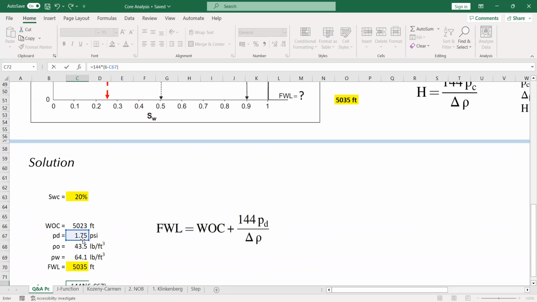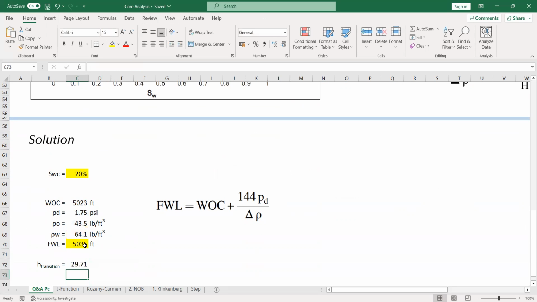And then again, to convert from pressure to depth or to thickness, you need to divide by the density, in this case, of course, the density difference: 64.1 minus 43.5. There you go. So the thickness of the transition zone is 29.71 feet.